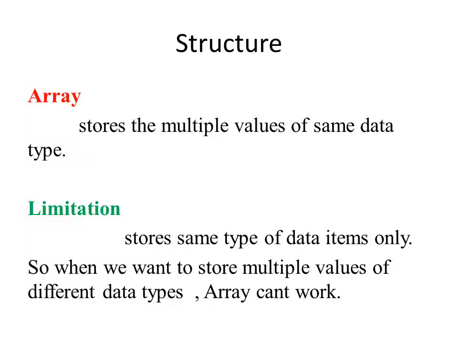But the restriction is that the array is able to store only multiple values having the same data type. So it puts some limitations on the array: whenever we want to store multiple values of different data types, the array does not work.